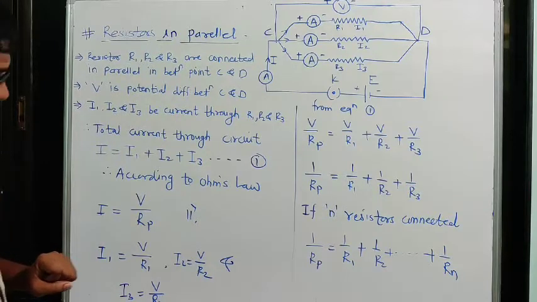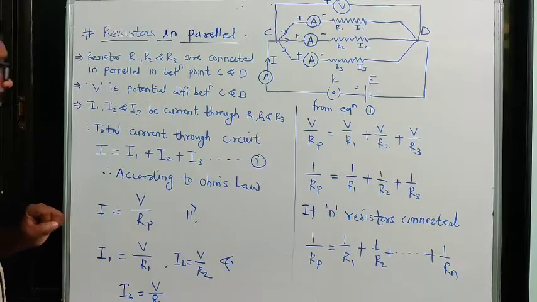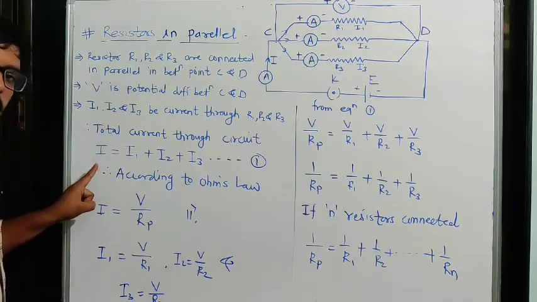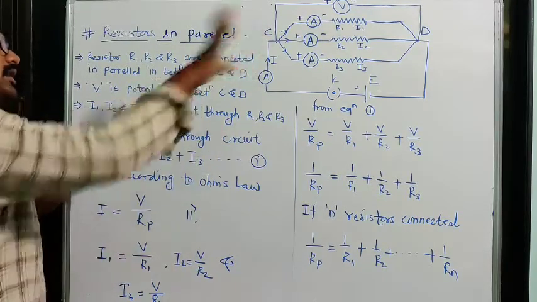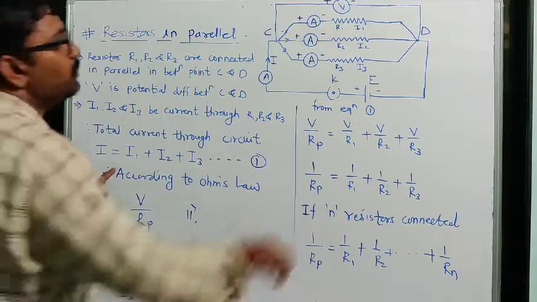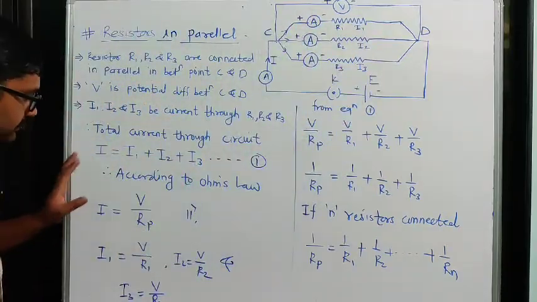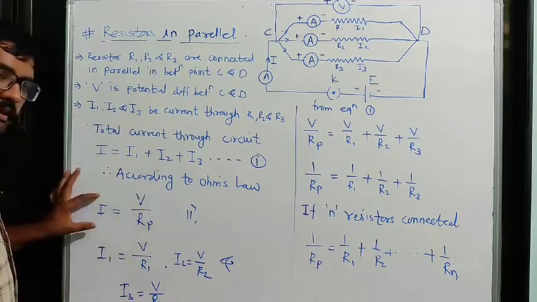Now, if we look at equation number 1, it tells us the total current I will be equal to I1 plus I2 plus I3. We know this I will be equal to V by Rp.